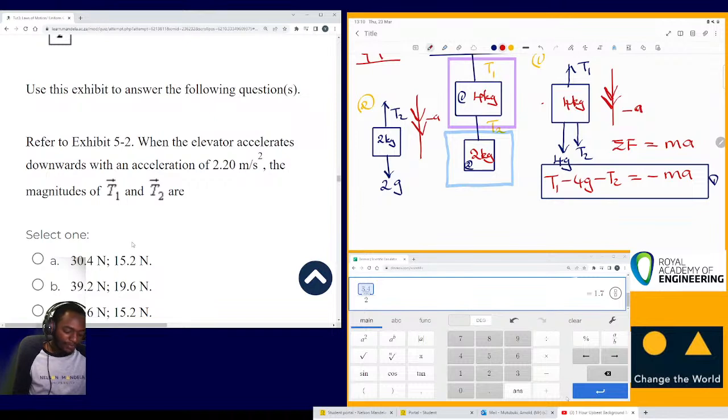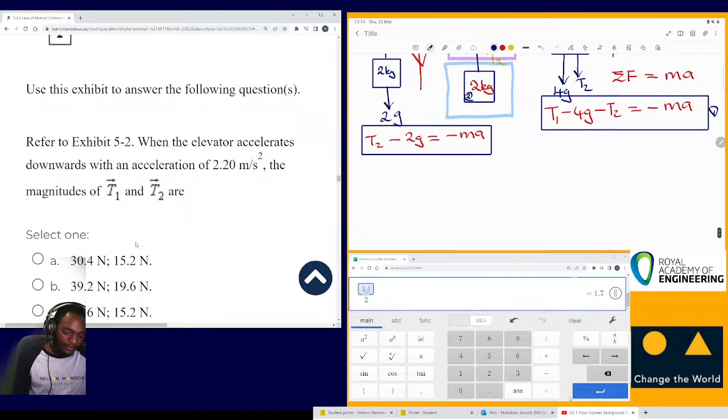So let's form our equation. How is our equation going to look like? It's going to be T2 minus 2g is equal to minus ma. So this becomes our second equation. So now our problem is half solved. We're now looking at simultaneous equations, right?